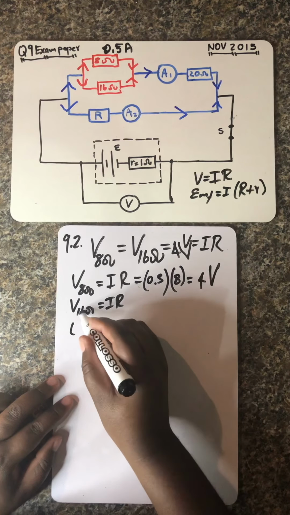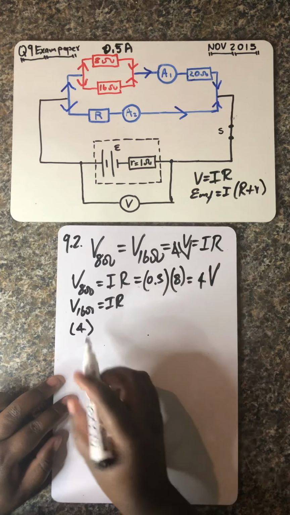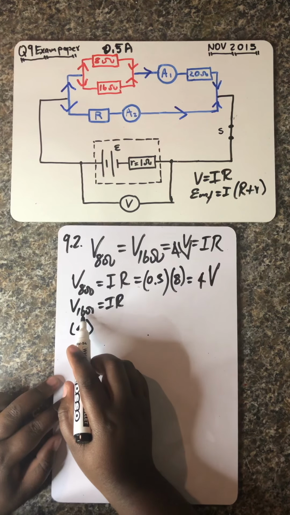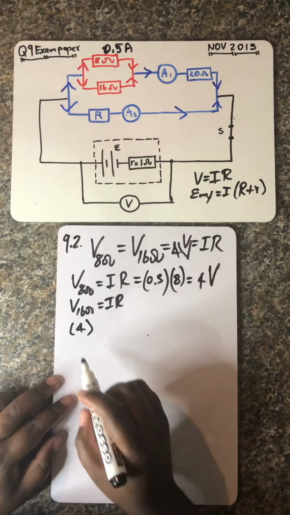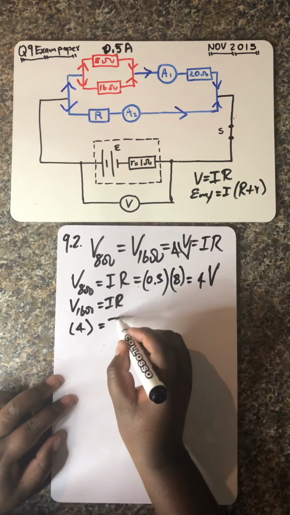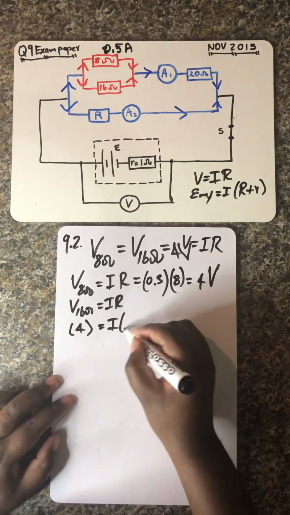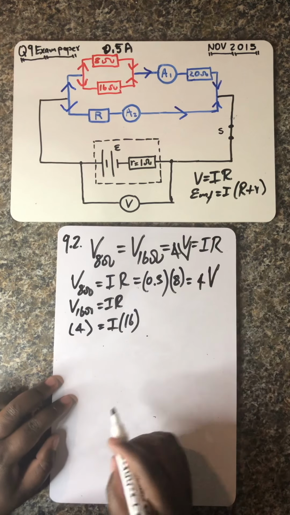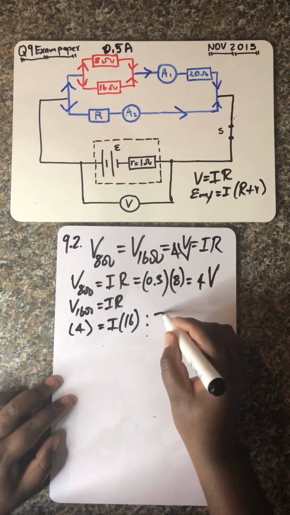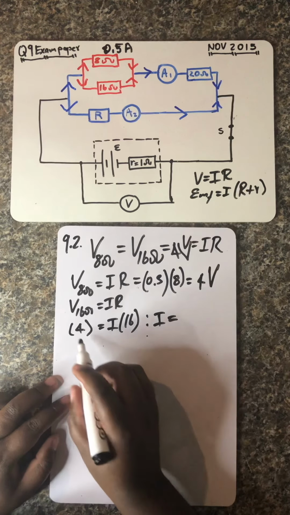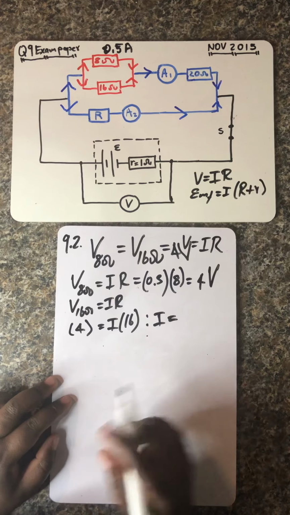We know the voltage on the 16 ohms resistor is 4, which is equal to the current flowing through the 16 ohms resistor times the resistance, which is 16. So I is equal to 4 divided by 16.